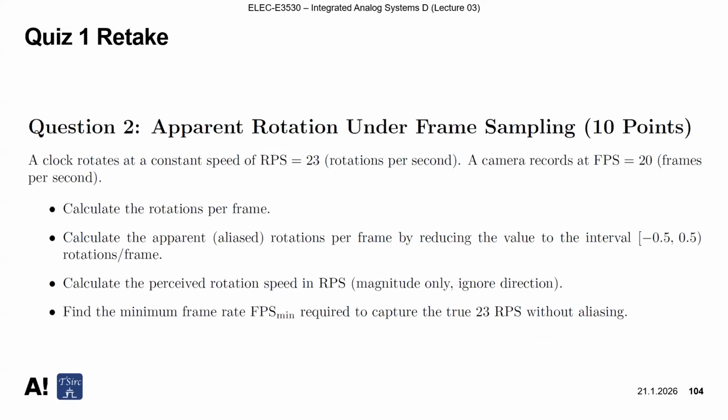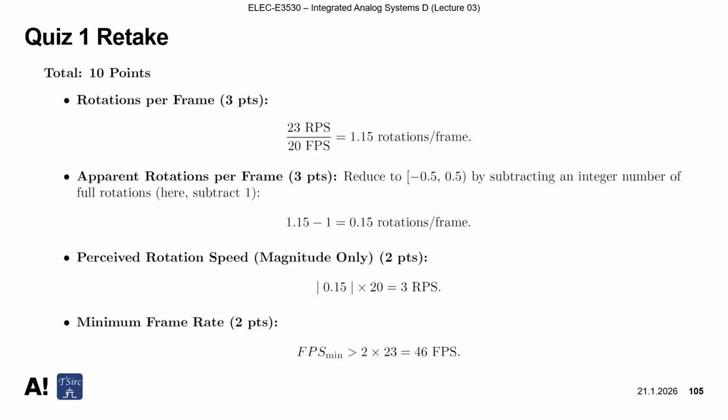So the second question is very similar. The rotation per frame, and the apparent rotations per frame, are also similarly calculated. Here RPS is faster than the FPS, right? So the remaining part is 0.15 rotations per frame here.